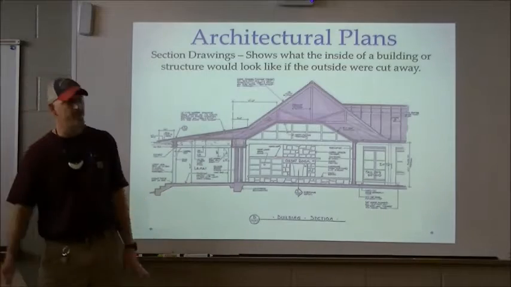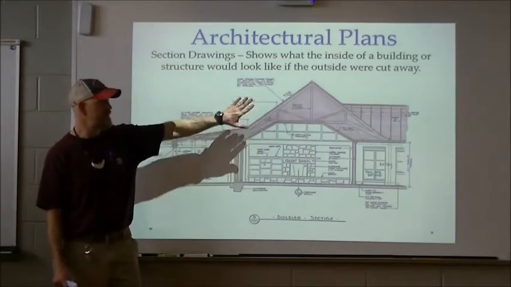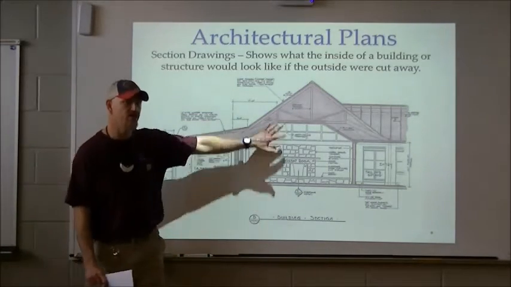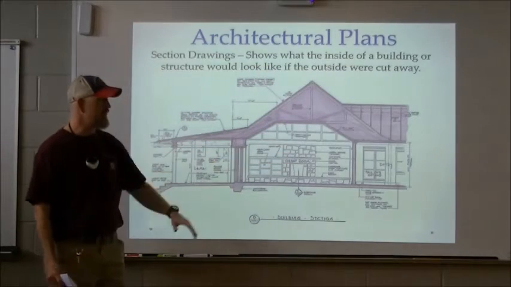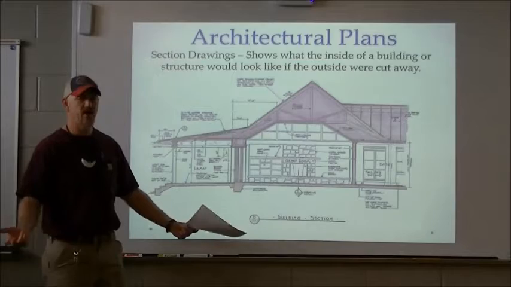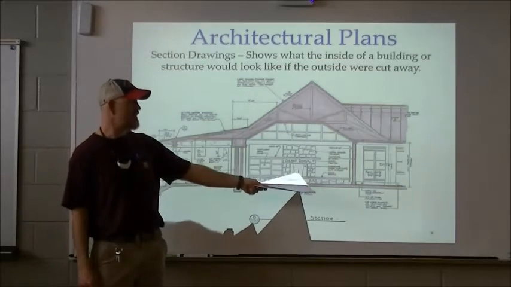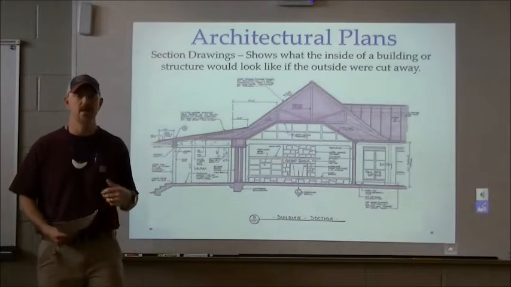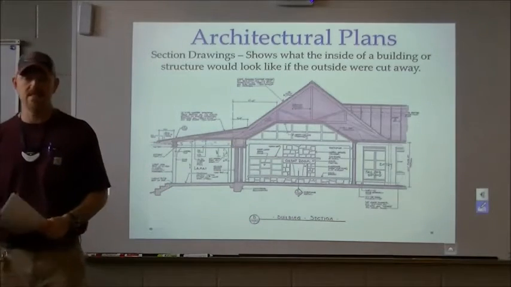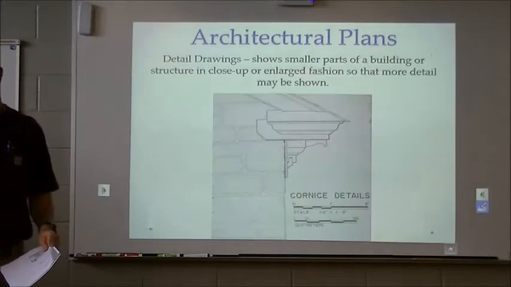In this example, you can imagine cutting the house in two and taking part of it away. Now we can see inside how everything's constructed. We can see how this fireplace is constructed. We can see how the roof system is to be constructed. So that's the purpose of a section drawing.